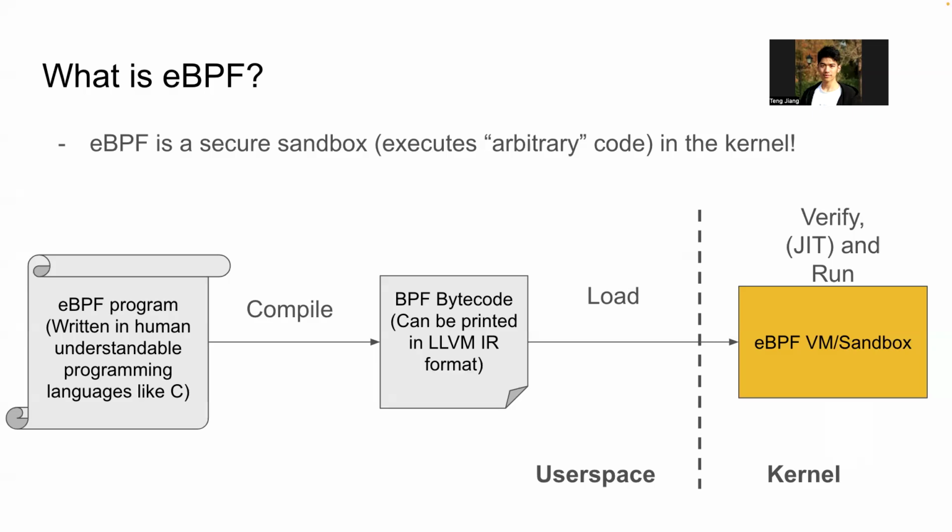Then the next phase is the quote unquote optional JIT phase, the just in time compilation phase, but it's adopted by most distributions of Linux. What does just in time compilation mean?